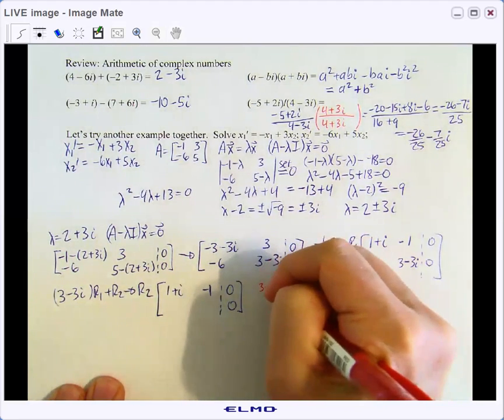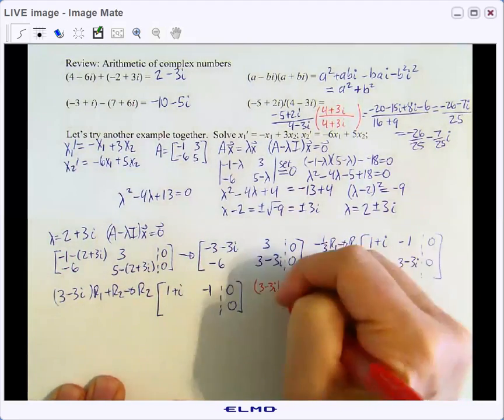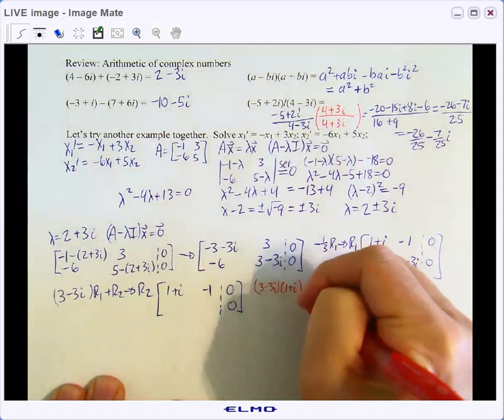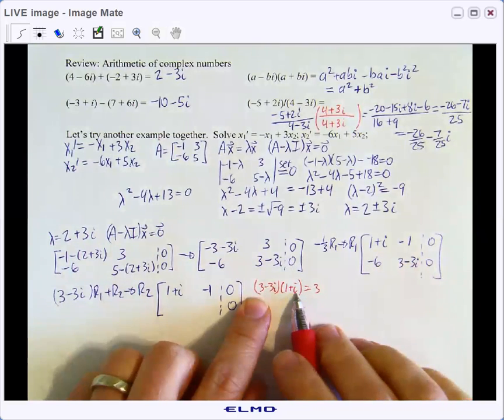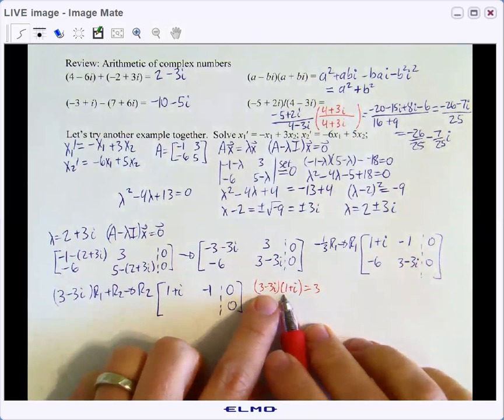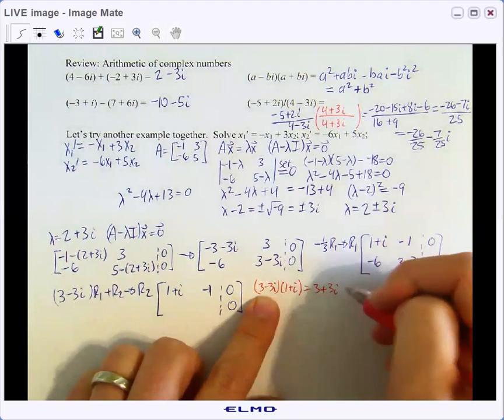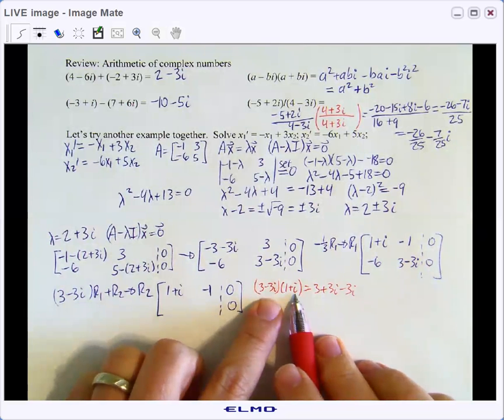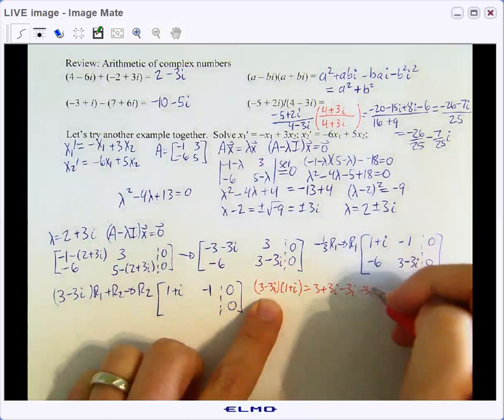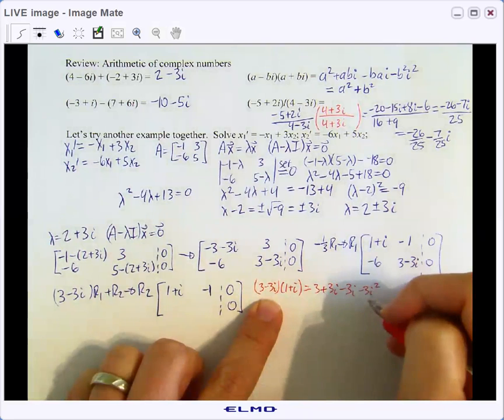But let's see what happens when we do, let me do my scratch work over here. 3 minus 3i times 1 plus i. So we're going to get 3 plus 3i minus 3i, which makes 0. Let me write that out, plus 3i minus 3i. And then minus 3i squared, which is plus 3.